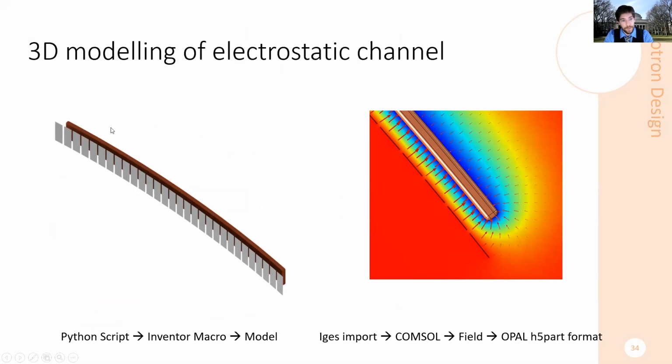This is what we generate in Inventor, which is CAD software. Then we export this and load it into COMSOL and generate the electrostatic field, and then load that electrostatic field into OWLE. And then OWLE uses it for particle tracking.